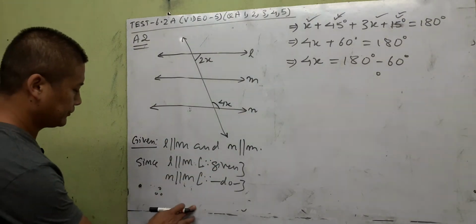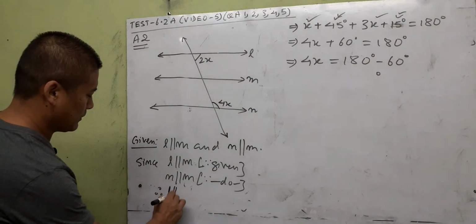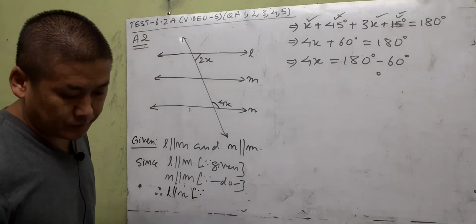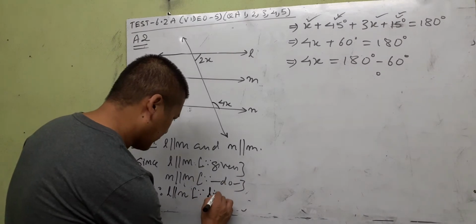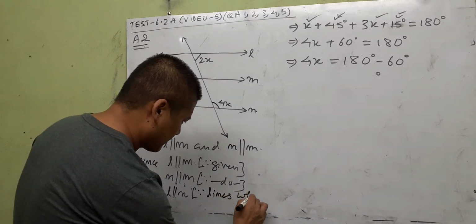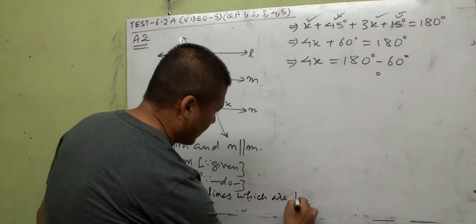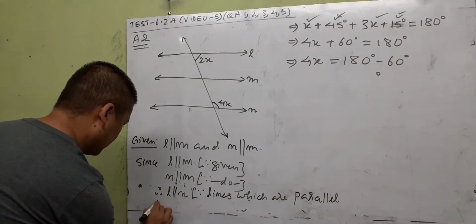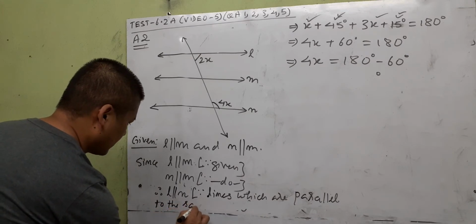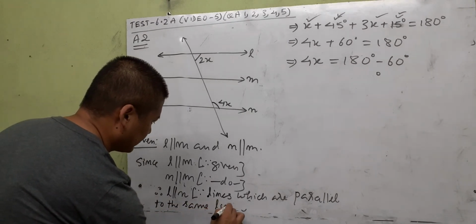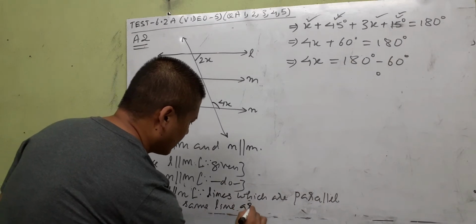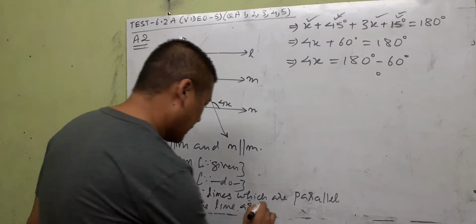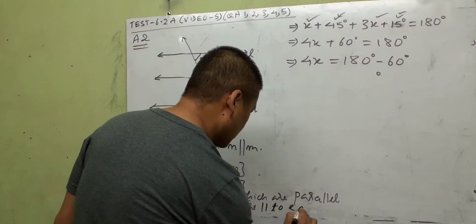So we write here L is also parallel to N, and we write the reason: since lines which are parallel to the same line are parallel to each other.